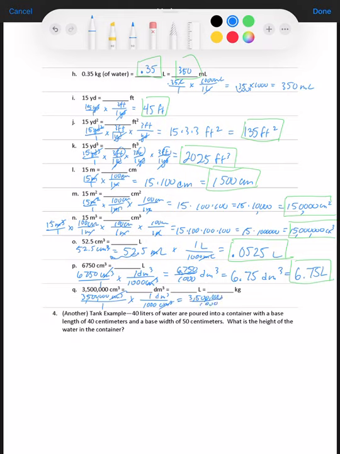So we'll move the decimal over 3 places, and I get 3,500 decimeters cubed. I'll just box it. Now we know that that's equal to the same amount of liters, so 3,500 liters. And we know that if we take that much water, that will equal 3,500 kilograms of water. So we have that one.